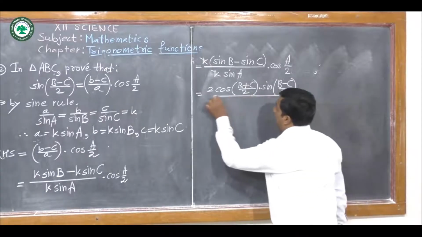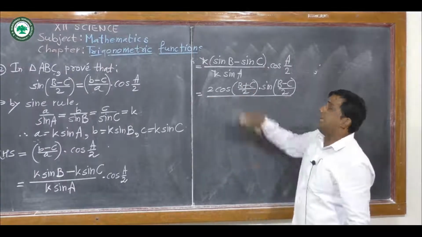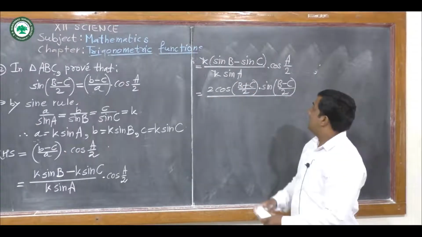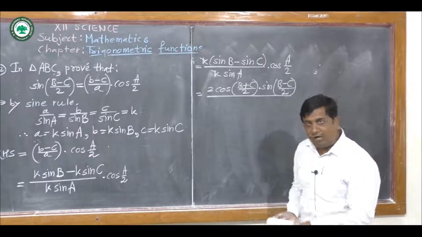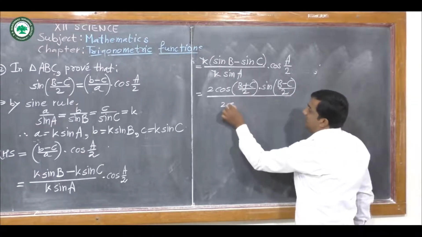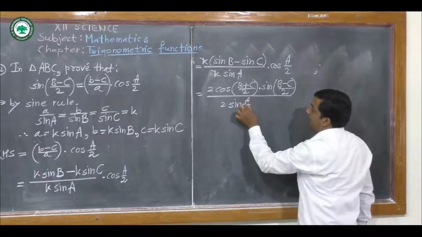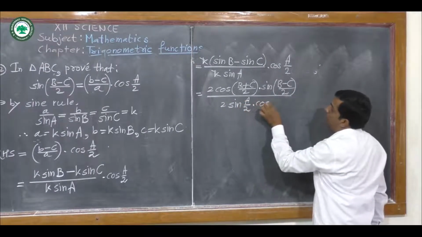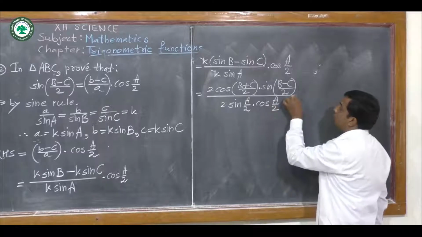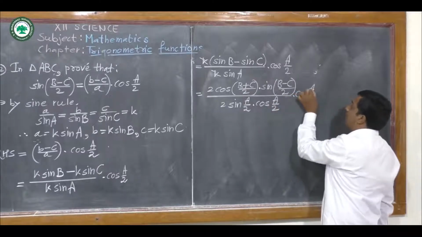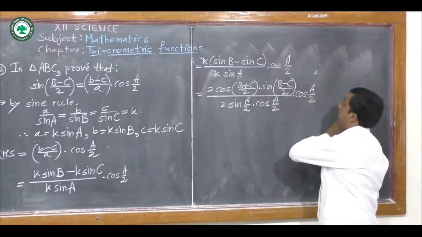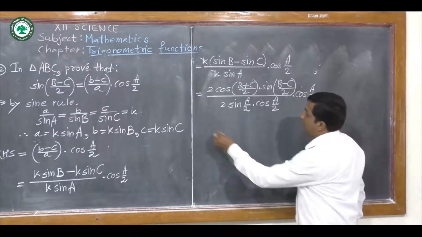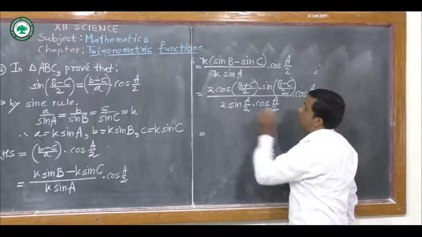This is divided by, now here sine A is given. We have to write this sine A in the form of A by 2, since in the next term A by 2 is given. So I write sine A as 2 sine A by 2 into cos of A by 2. In the next, cos of A by 2 as it is. Now cos of A by 2 and cos of A by 2 cancel, and 2 and 2 cancel.